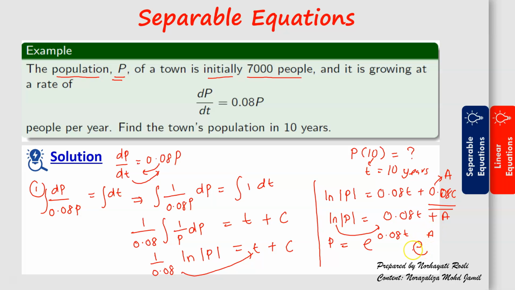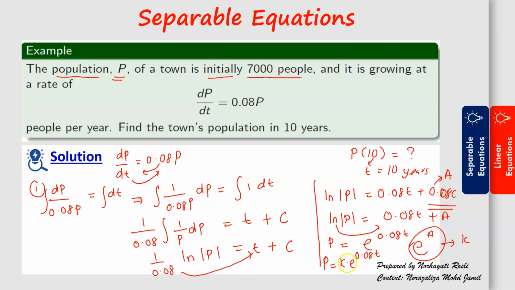And for this part, I can write it, for example, as another constant K. So I will have P equal to K exponential of 0.08 t. Now, I got this solution in terms of the general solution.